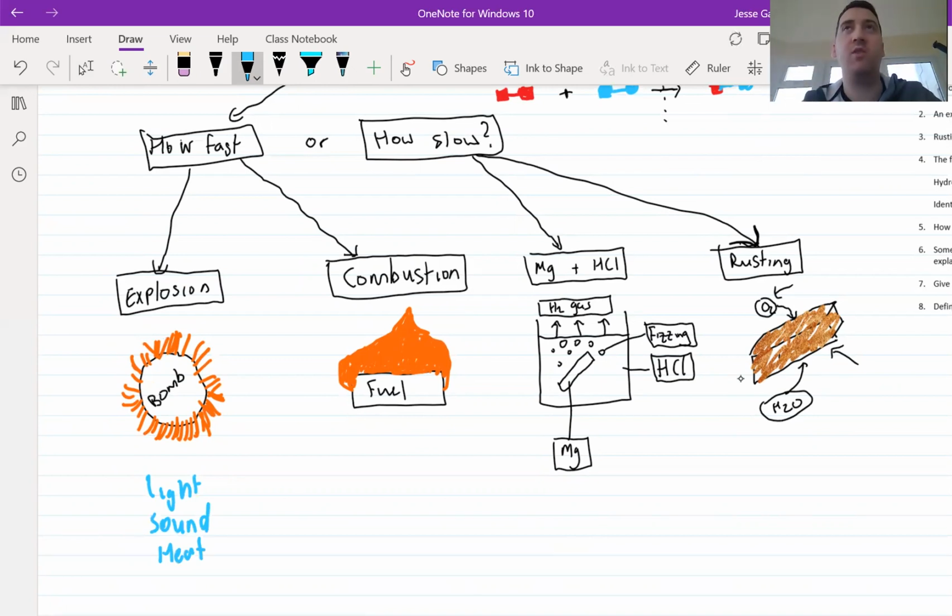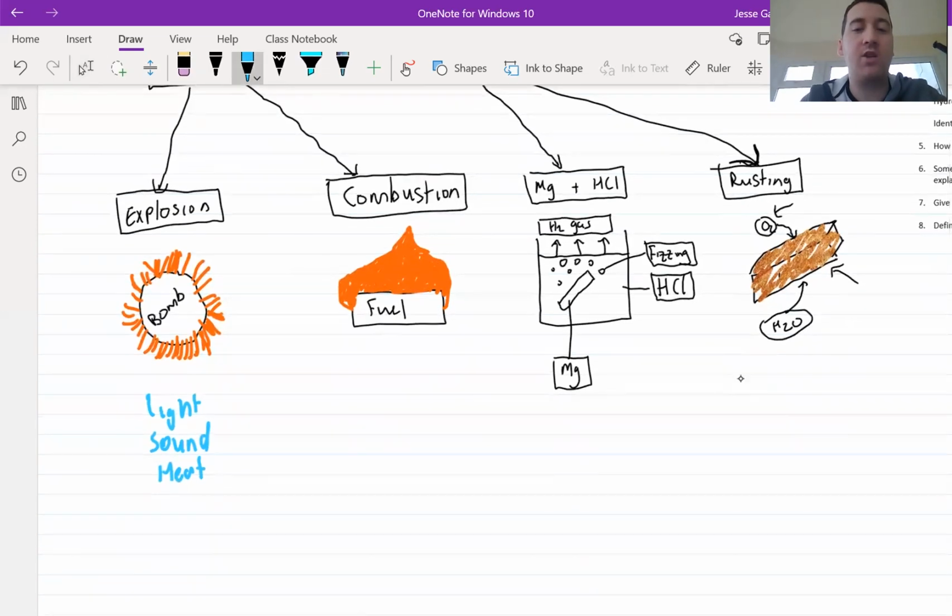So if energy is being transferred as heat or sound or light during a reaction, then that's a good sign that there's a chemical reaction going on. You're forming a new substance and energy changes are happening. I suppose that's going to apply to both of them, heat, sound, and light.